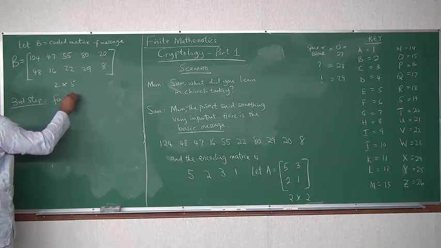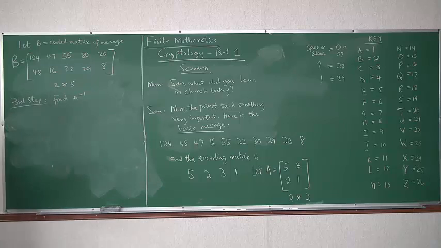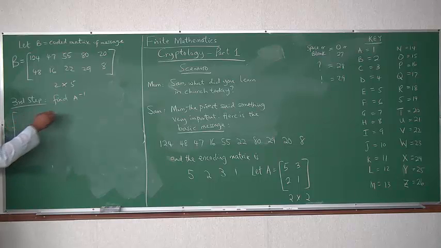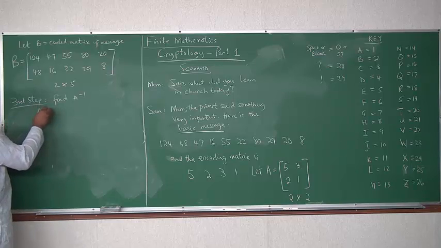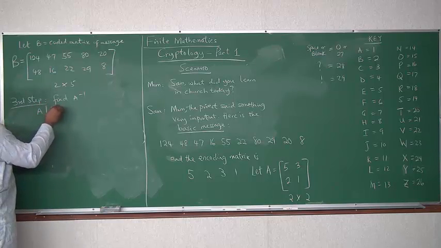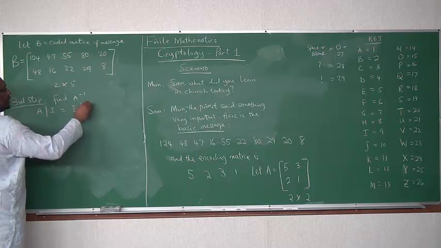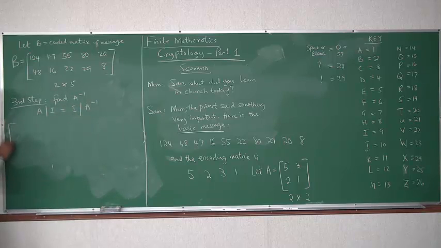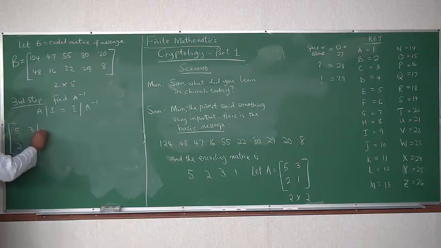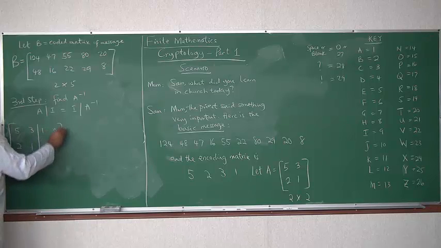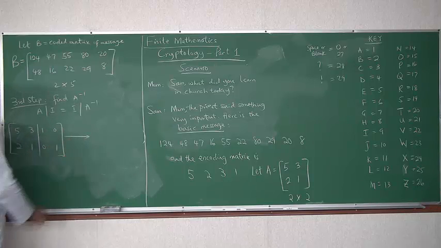We've done inverse of a matrix. Let's go ahead and find that. Let's use the row reduction method because it's pretty much easier for us and faster. So if we use row reduction, 5, 2, 3, 1, put this in augmented form, 1, 0, 0, 1.